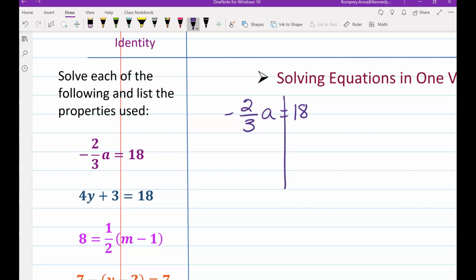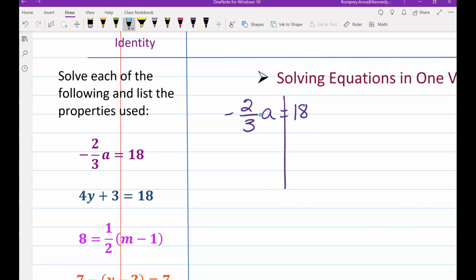I don't see any like terms on this left side. So negative 2/3 a, that's the only thing with our a. So that's what we got to get rid of. How are we going to do that? Negative 2/3 a. Okay, so what's the operation? Negative 2/3 times a. All right, so we're going to be dividing both sides by negative 2/3.